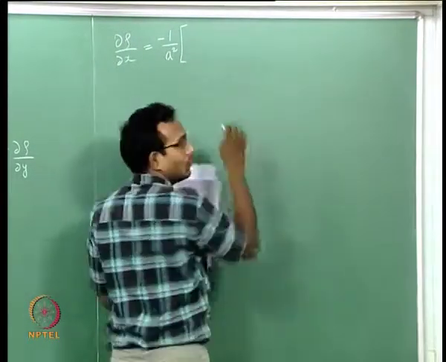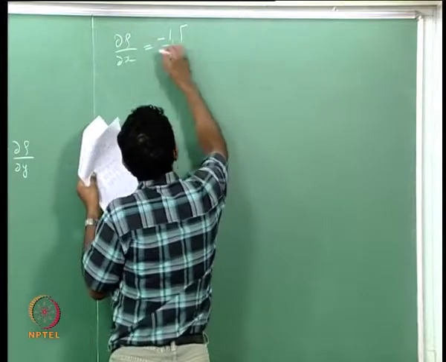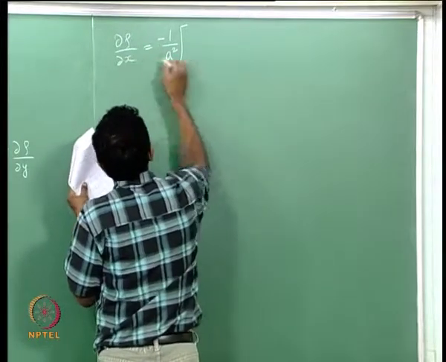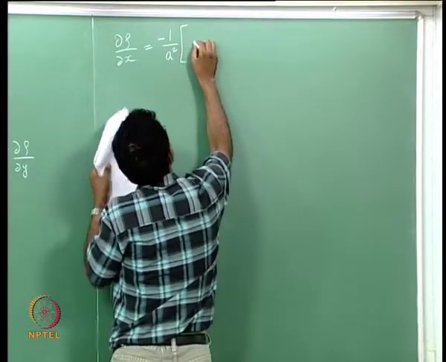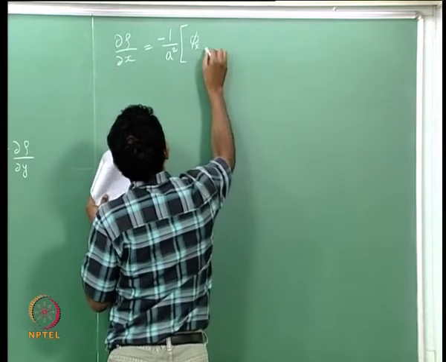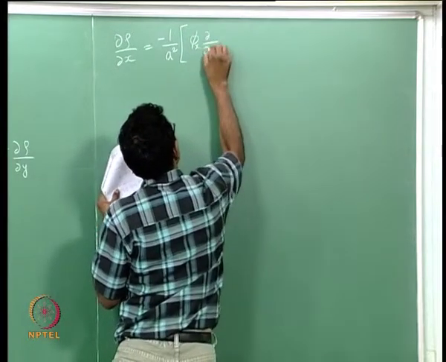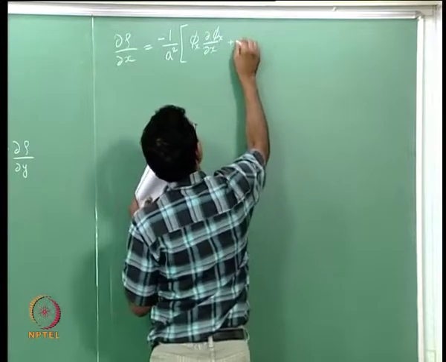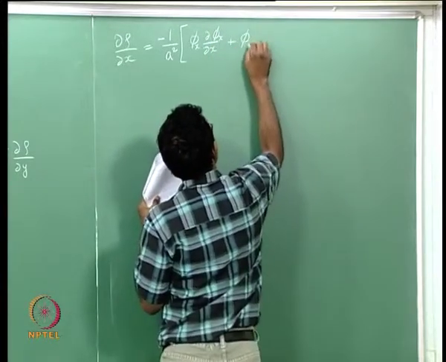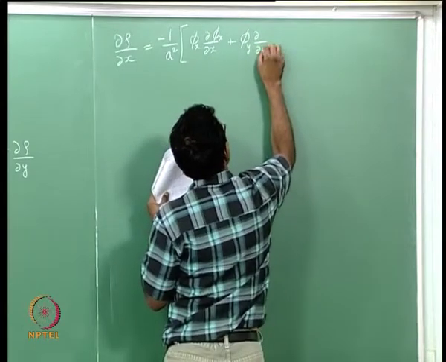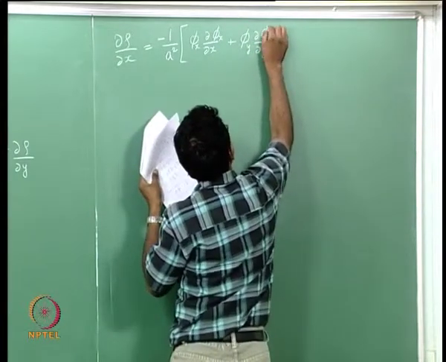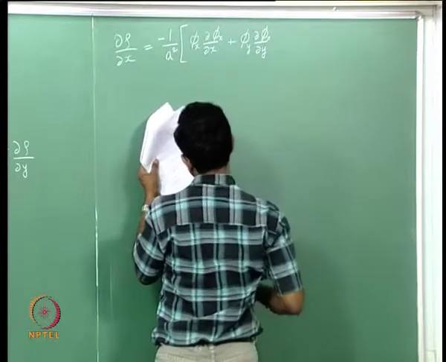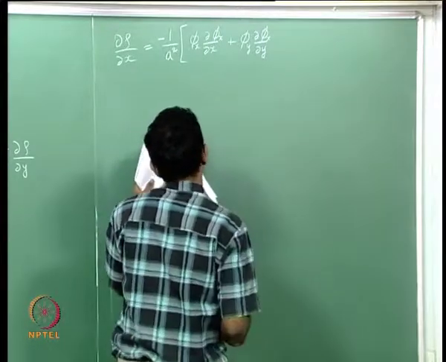It is u dou u by dou x, that is, I am thinking of the dou p by dou x substitution, right, it is the x momentum equation. U is my phi x, dou by dou x of phi x plus phi y, dou by dou y of phi x.